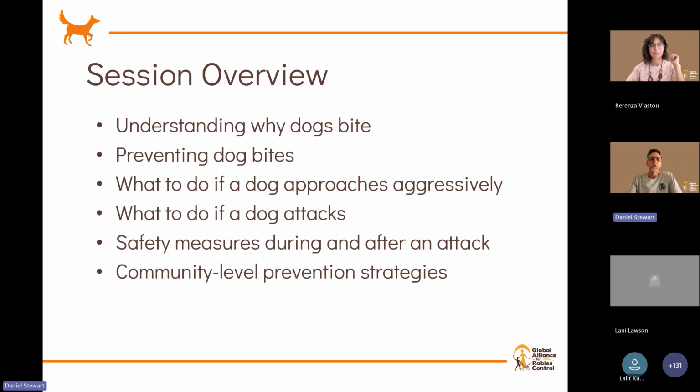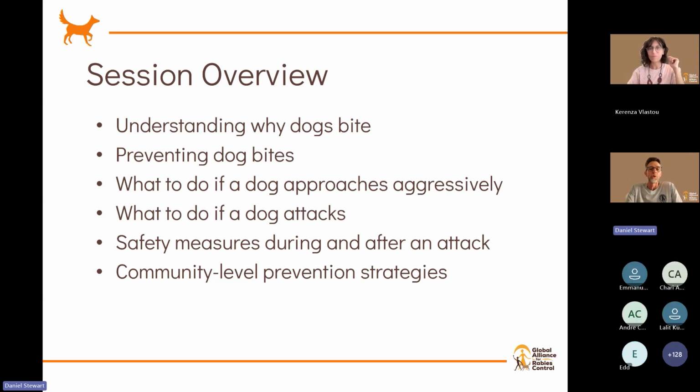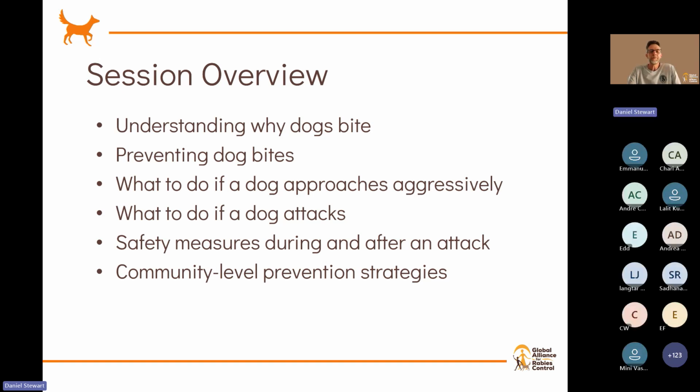So we're going to talk about understanding why dogs bite, preventing dog bites, what to do if a dog approaches aggressively, what to do if a dog attacks, the safety measures during and after an attack, and then some ideas about community level prevention strategies. We are not just coming along and saying this is the only way.